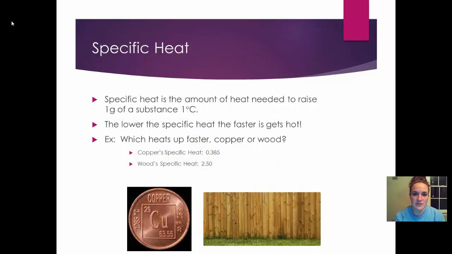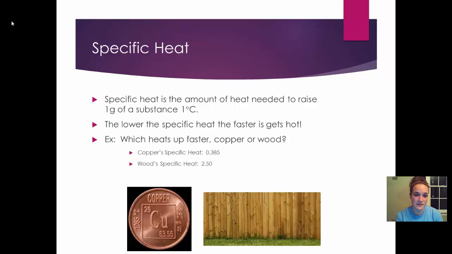The last thing that we're going to talk about is specific heat. So this is actually the amount of heat needed to raise 1 gram of a substance 1 degree Celsius. So that's important to remember, we're measuring in Celsius right now. So 1 gram, 1 degree Celsius, that's specific heat.